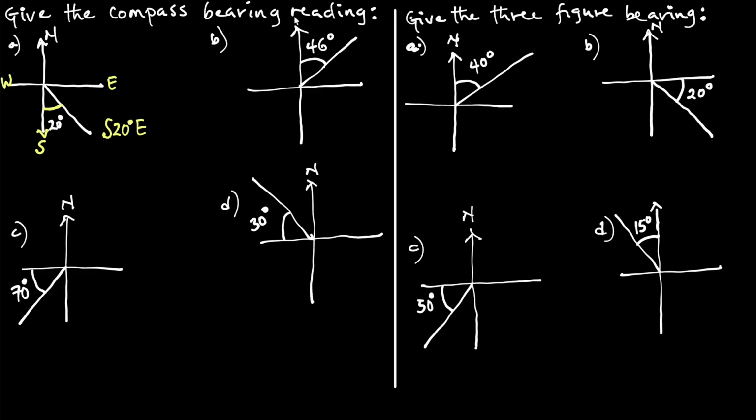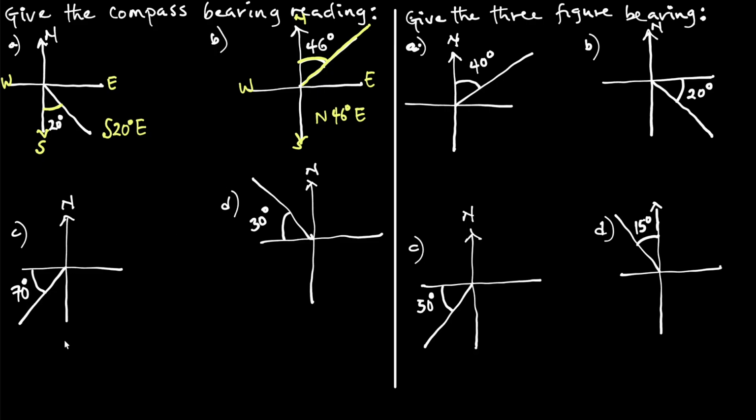The second one, we have the north, the south, the west, and the east. Again, the bearing, which is the line, and the angle we have here is still with the north-south axis. So which means this is going to be north, because it's between the north and the east. We have a 46 degrees angle.